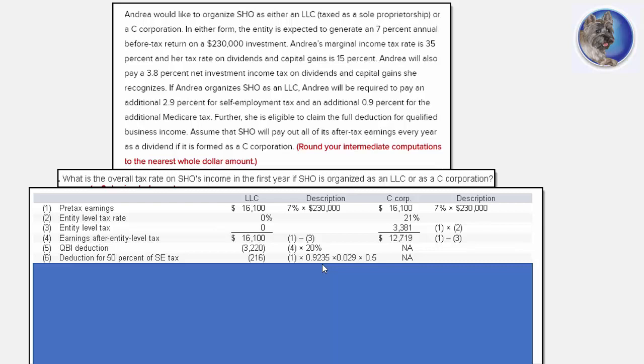They get the deduction of 1 minus 92.35%, which is 7.65%. Then we multiply that times the 2.9% self-employment tax, and then multiply that times 50%. Now, where does the 50% come in? Taxpayers are allowed to deduct 50% of the self-employment tax they pay as part of their AGI, adjusted gross income deduction.